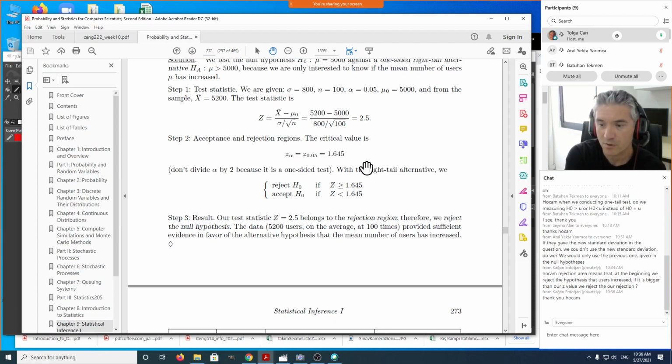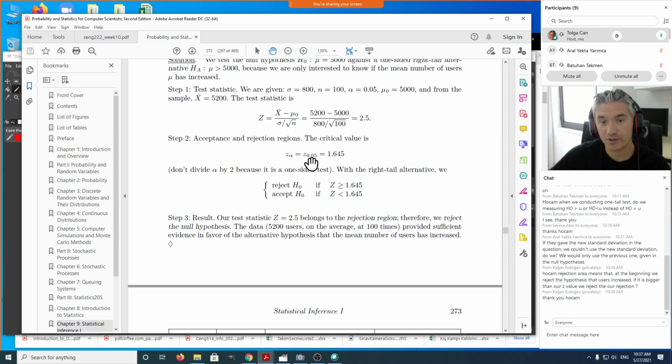If it's bigger than our z-value, the z-value is 1.6. The computed z-value larger than this means that it's in the rejection region, and that is completely determined by your level of significance. If alpha was 0.1, this will probably be like 1.2 or 0.9. It will be a smaller value for alpha 0.1.